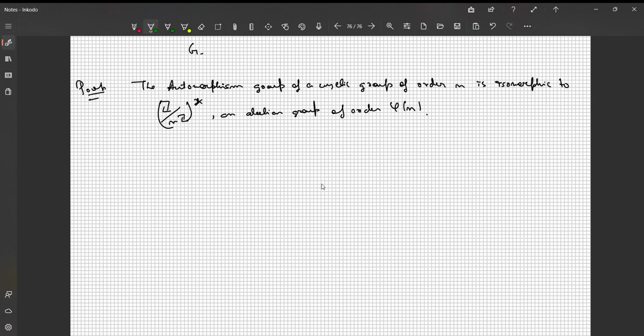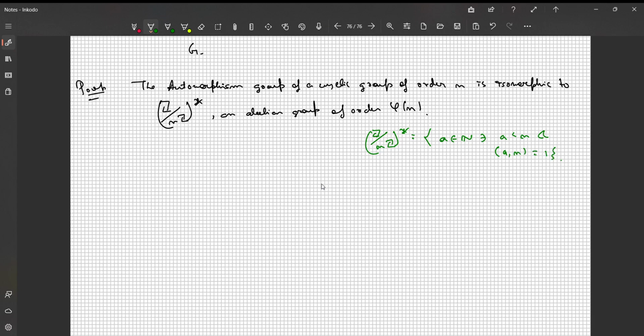which are co-prime to n. So Z mod nZ star consists of those natural numbers a such that a is less than n and the GCD of a and n is 1.